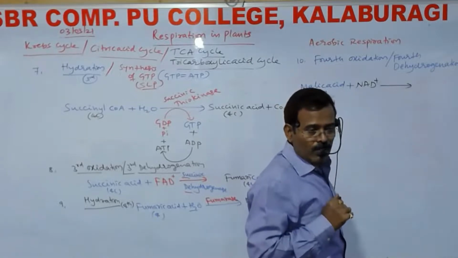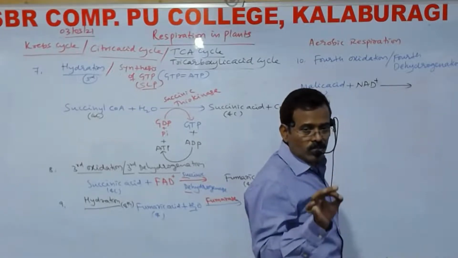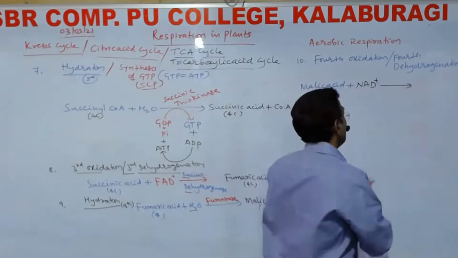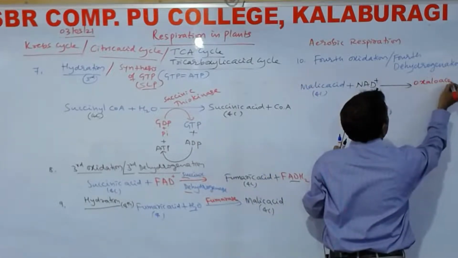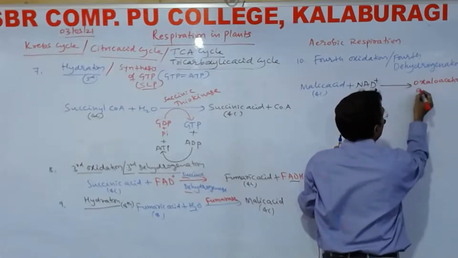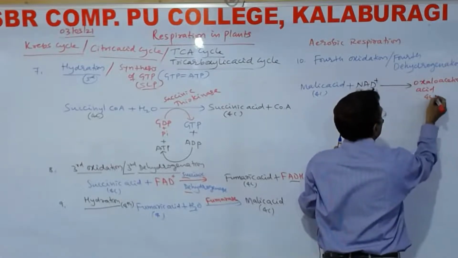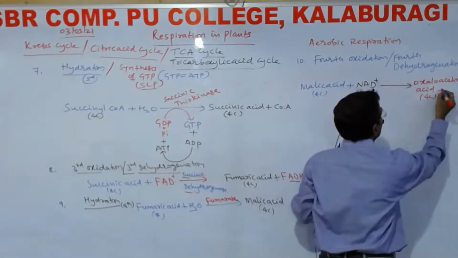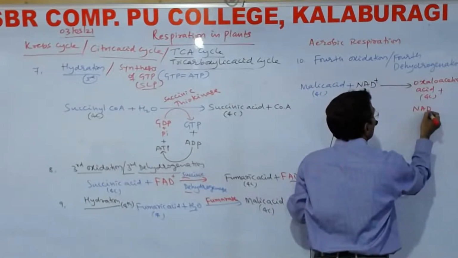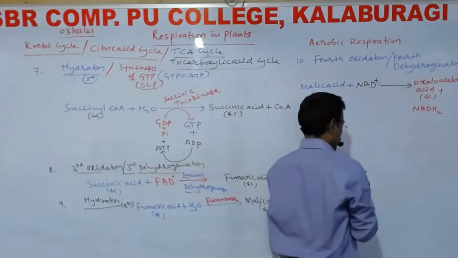Which compound will we get back now? Oxaloacetic acid. A 4 carbon compound. And what is produced here? NADH2 is produced.